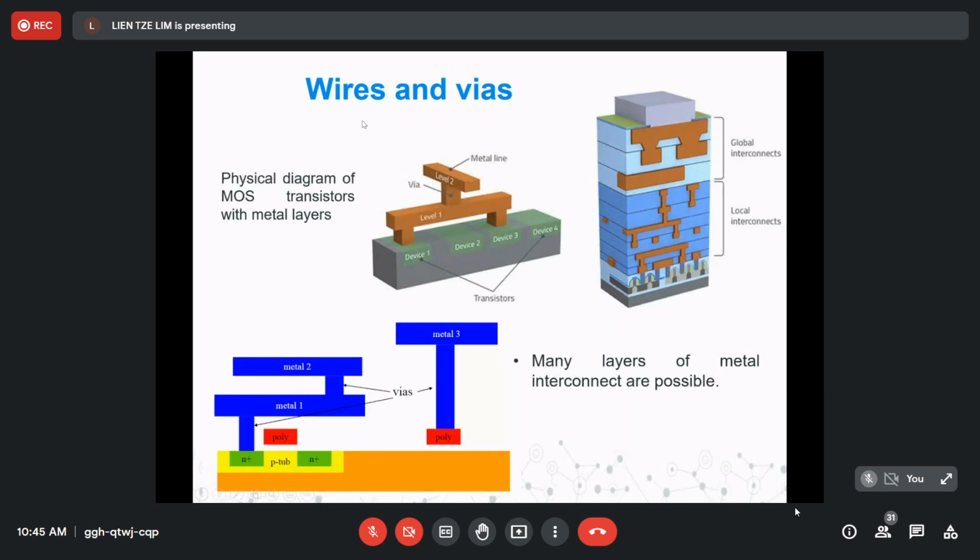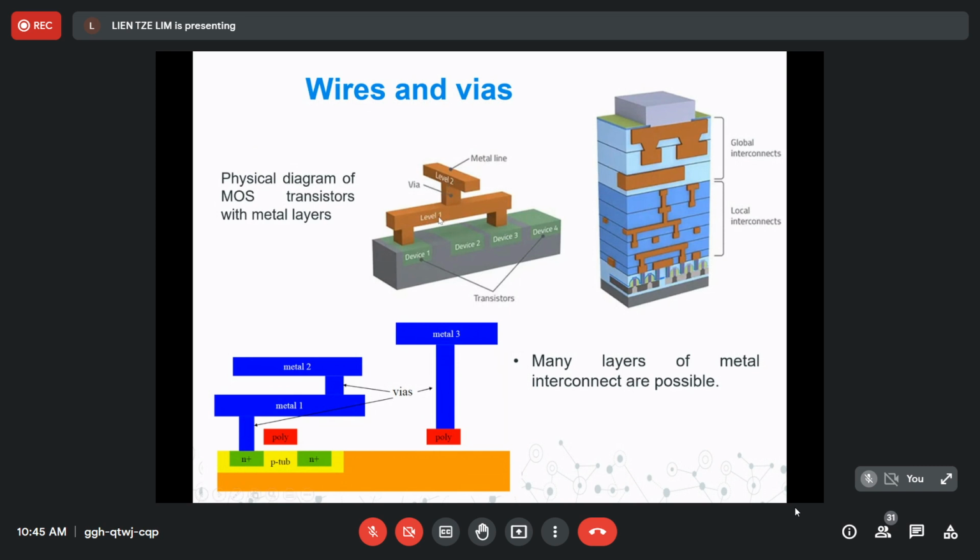Wires and wires. This is a physical diagram of a MOS transistor with metal layers. You can see that this is the MOS transistor, and then they are connected with the metal layer. Metal layers can be of different levels: level 1, level 2.